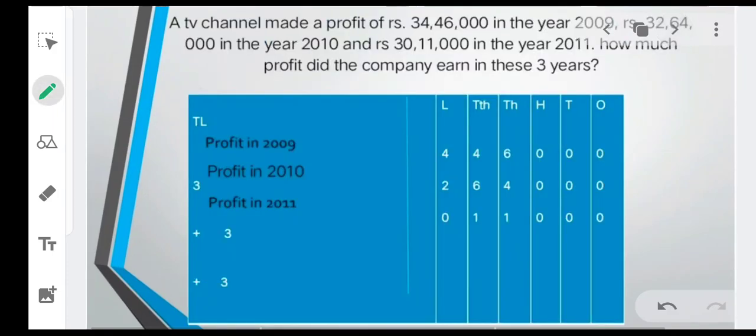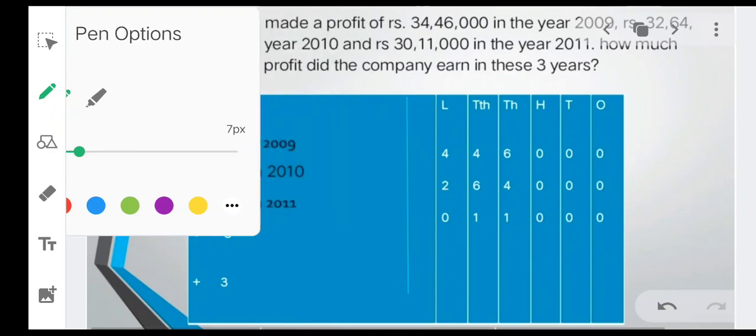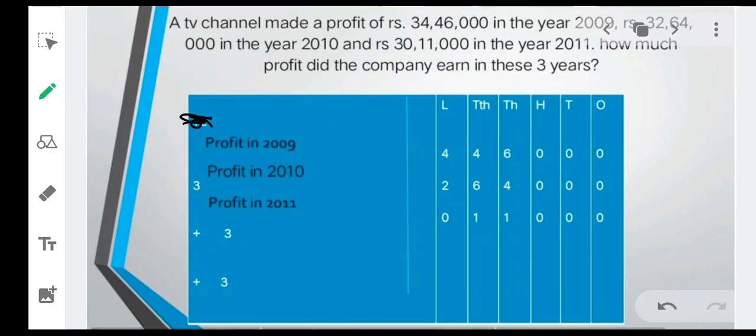Now students, this sum is to be done by you. This is practice for all of you, and I am going to show you the question, but you just try it at your home.